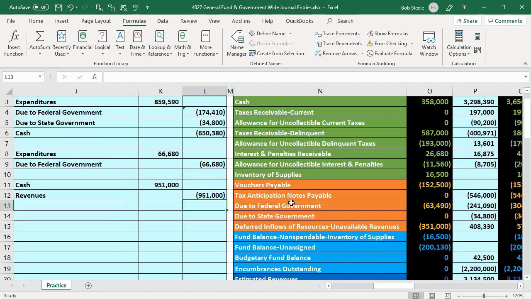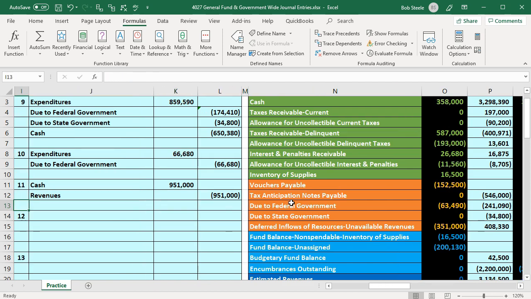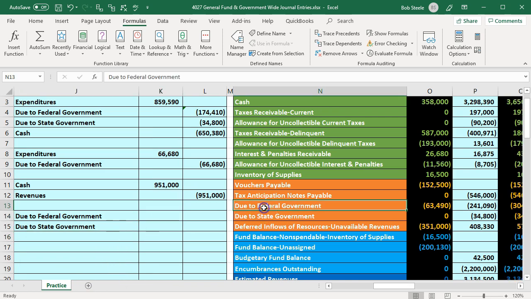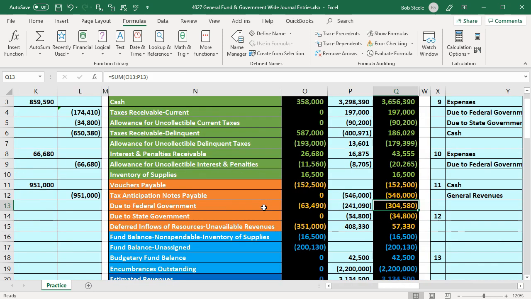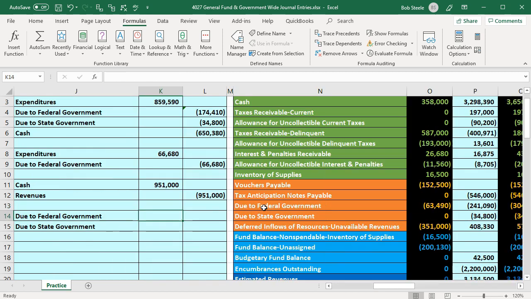This is a credit, so we're going to debit it to make it go down. We have due to the federal government, that's going to be a debit. And then the due to the state government, that's also going to be a debit. I'm going to pick the amounts up from the amount that is in there, which is the 304,580. Note there was a beginning balance. We don't know exactly where the beginning balance was, so we're going to pick up the total amount that's going to be due, which was the 304,580.